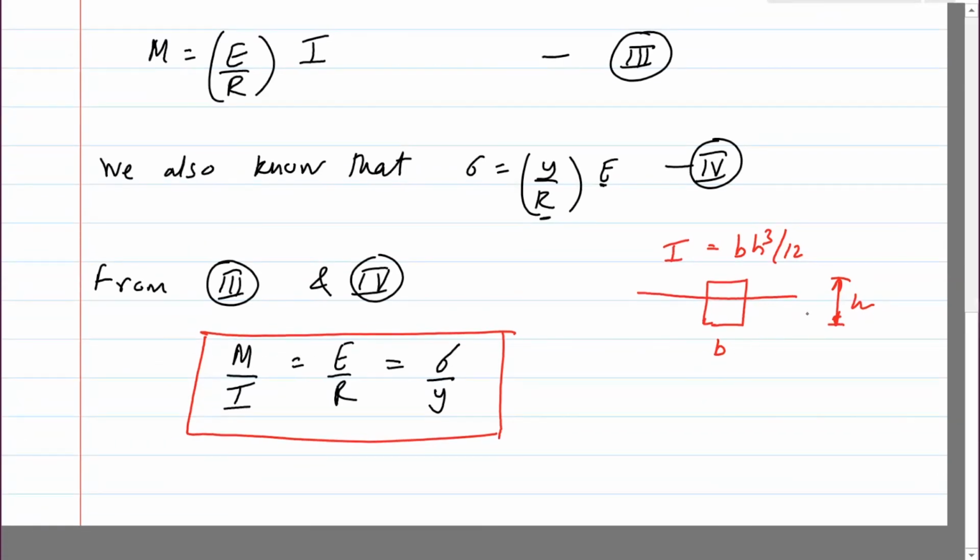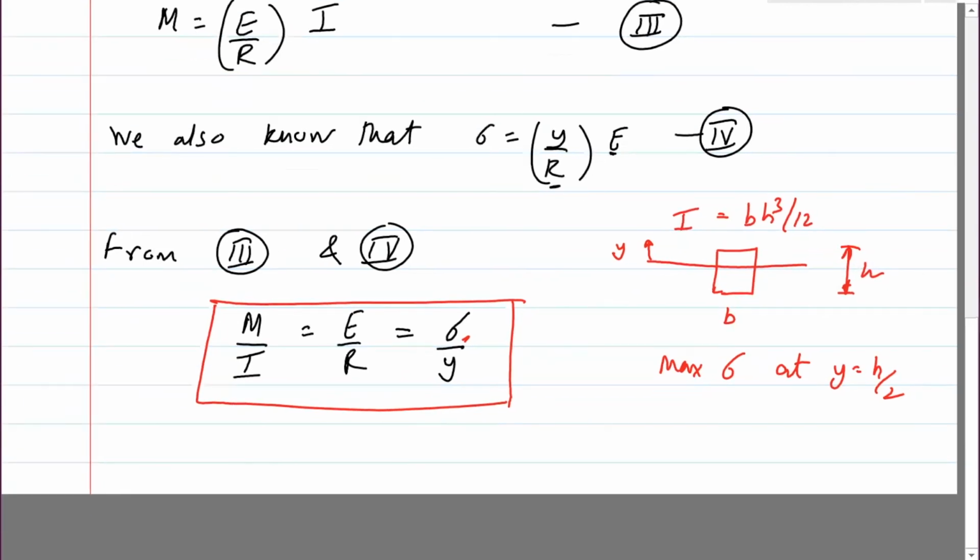So in this case also, if you want to find max sigma, when does sigma attain a max value? It would be when y achieves the max value, so at y equals h divided by 2, because remember, we're measuring y from the neutral axis.